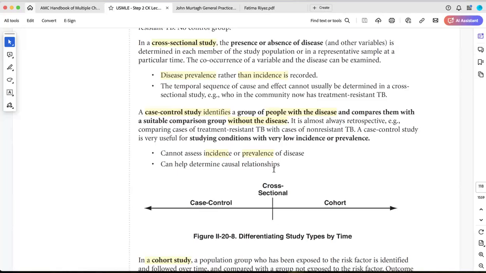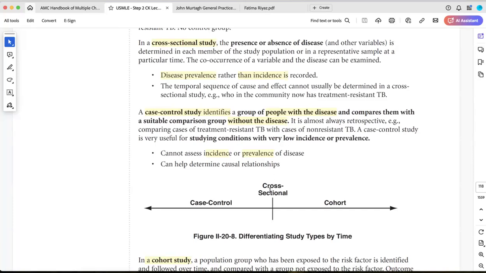In a cross-sectional study, you can find out the disease prevalence, but you can't actually get the incidence of a disease. So these are two new terms for you. Prevalence of a disease means that we find both new and old cases, so the total number of cases in a population is what we call the prevalence of a disease. And the incidence is the number of new cases.